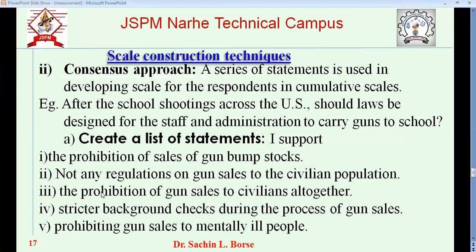Yes to all means he is saying everything is correct: that there should be a provision for sales of gun bump stocks, no regulation on gun sales to the civilian population, prohibition of gun sales to civilians altogether, strict background checks, and preventing gun sales to mentally ill persons. So he says all is correct.